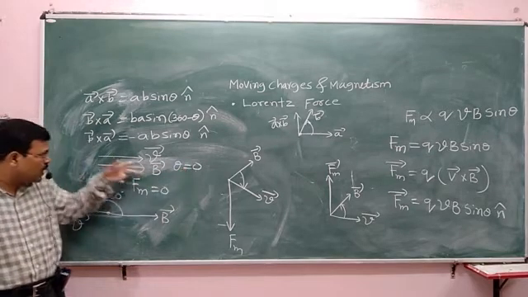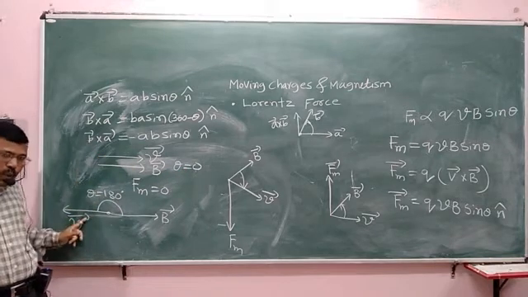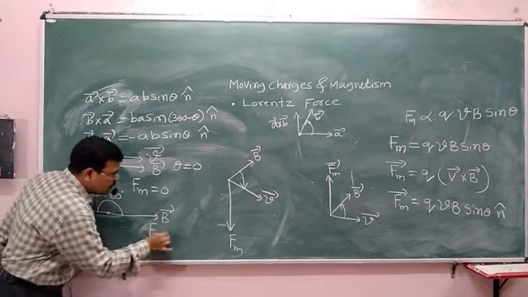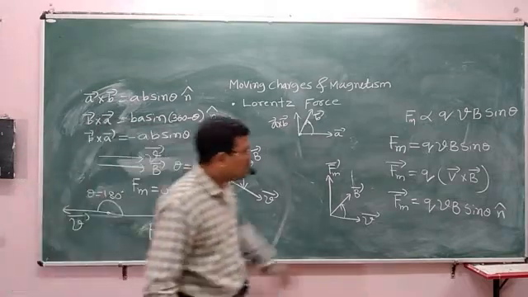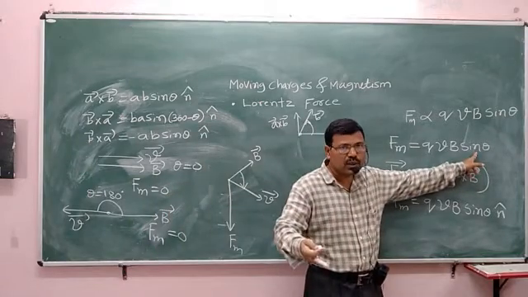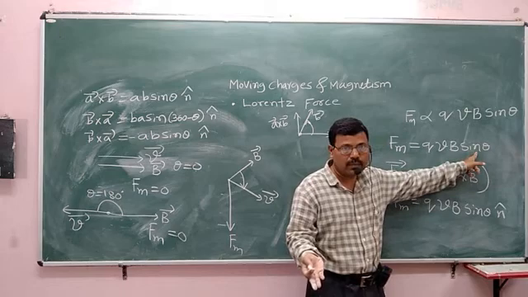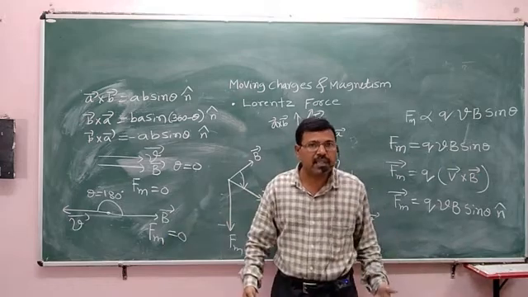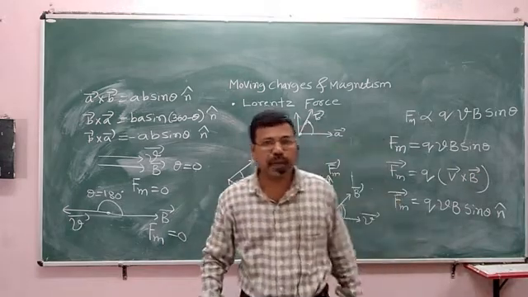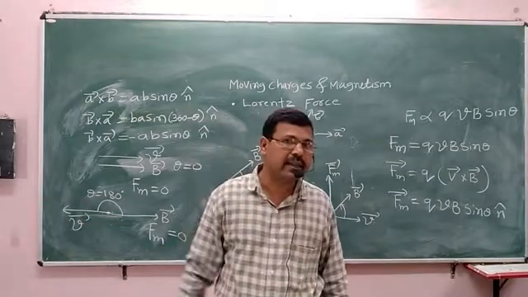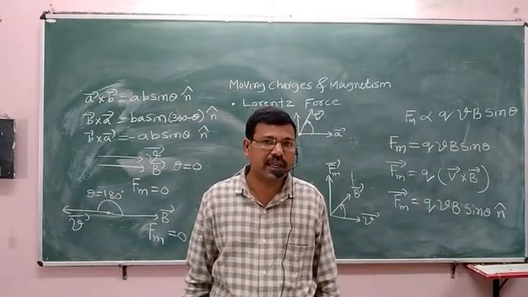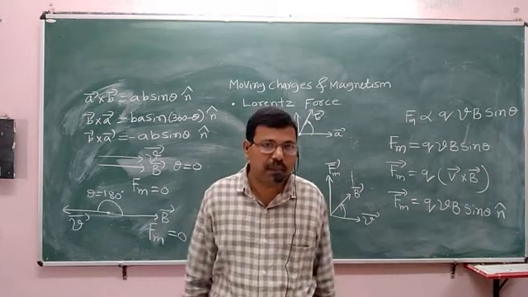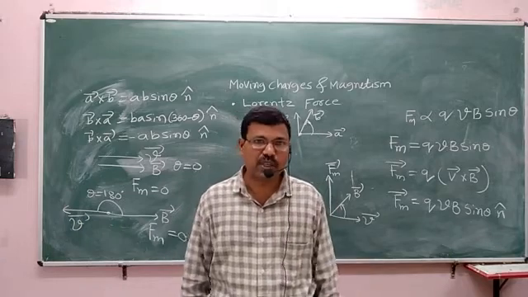Theta equal to 0 means two vectors are parallel. Theta equal to 180 means two vectors are anti-parallel. As we know, sine of 0 is 0, and sine of 180 is also 0. Therefore, Fm is 0. What does it mean? It means that whenever a charged particle is moving against the magnetic field, it does not experience any magnetic force. What is the nature of the path of the charged particle? Again, it would be a straight line.